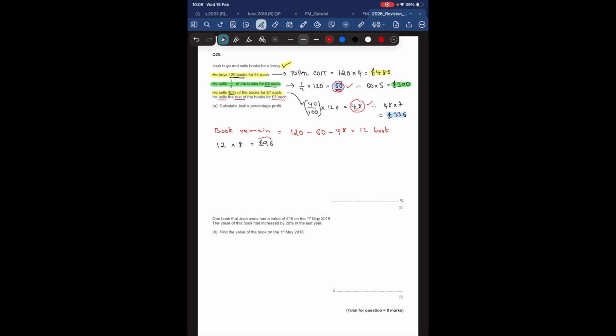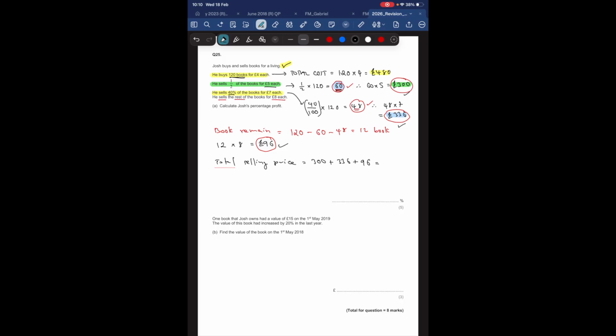So we know the amount of money that he's made in total. The total amount that he's sold the books for, so the total selling price, is going to be the £300 plus the £336 plus the £96 that he just made.